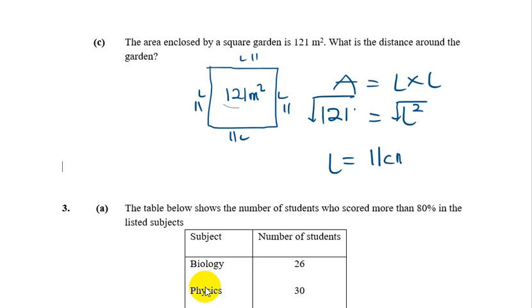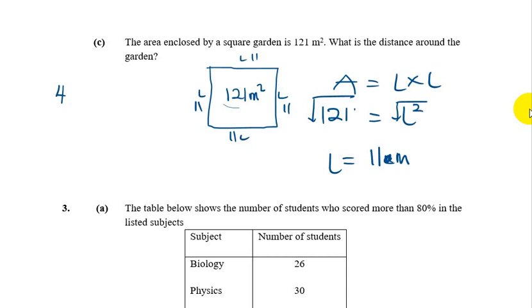So we are getting 11, sorry, 11 meters for the length. That gives us the 121 for the area. But we are told to find the distance around the garden. And then how do you find the distance? We add all the lengths, right? So how many lengths? 1, 2, 3, 4.